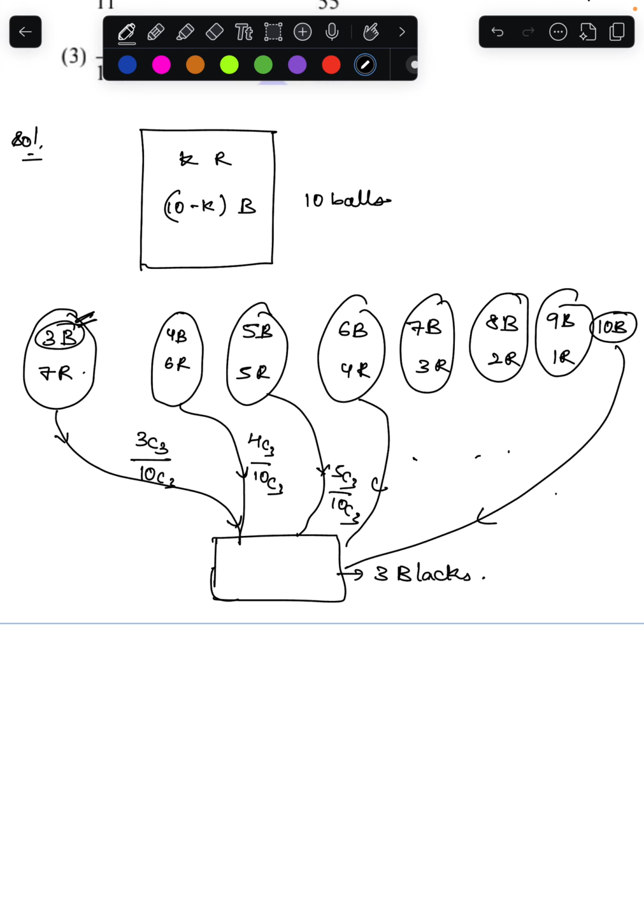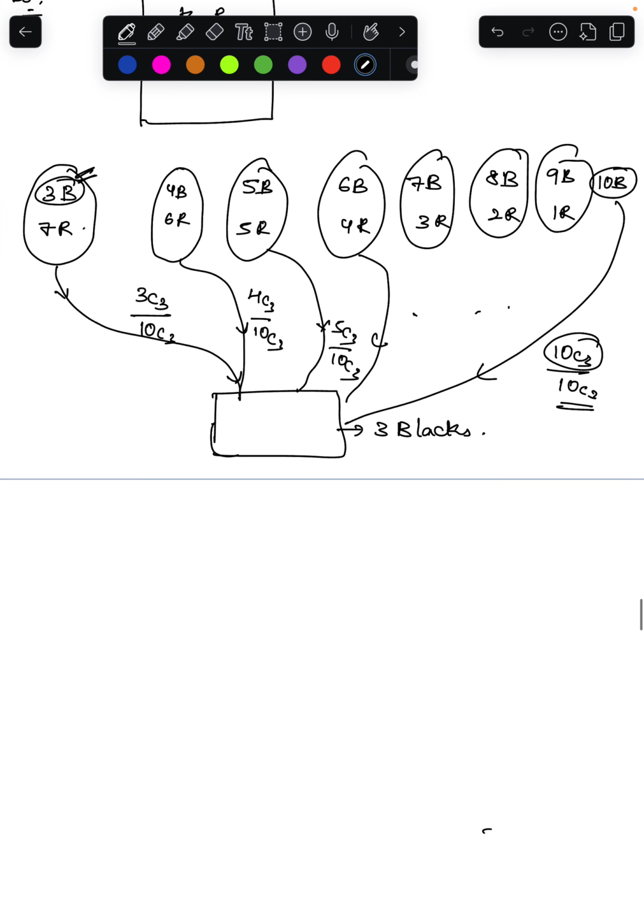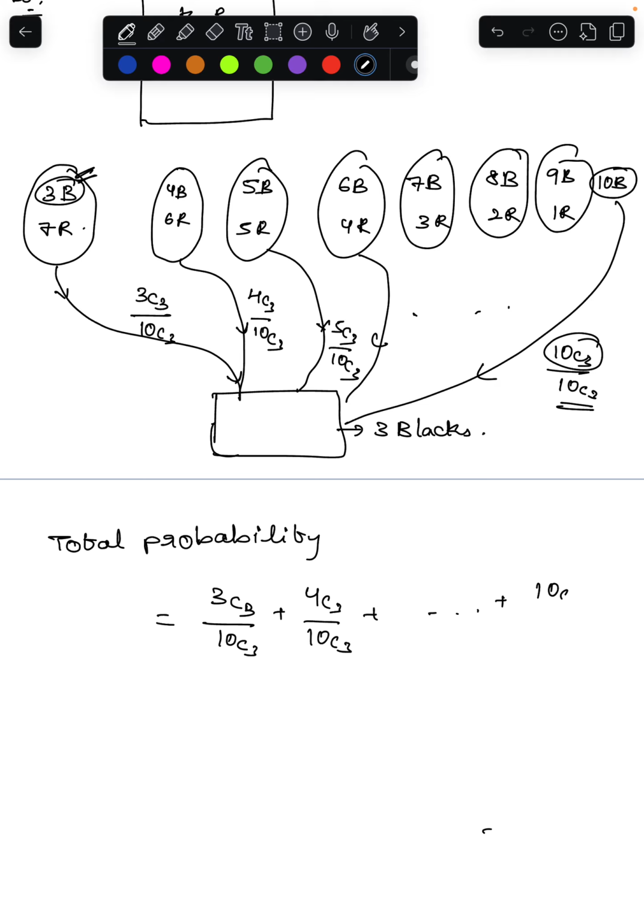Last one will have 10C3 by 10C3, as all are black, we can select any 3 by 10C3, right? So now the total probability of getting three black balls is 3C3 by 10C3 plus 4C3 by 10C3 plus and so on, 10C3 by 10C3.